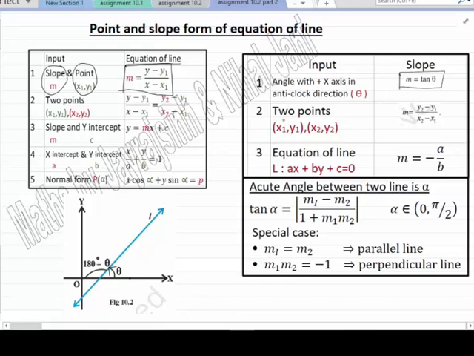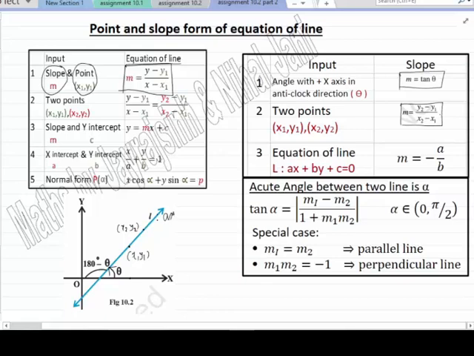Now the second one: if we have 2 points on the line, let's say x1, y1 and x2, y2, then we can use m is equal to difference of y upon difference of x to find the slope. And the third one is from the equation of line.